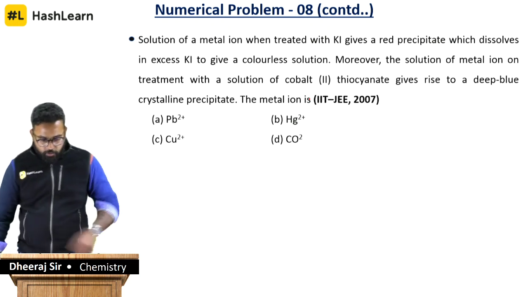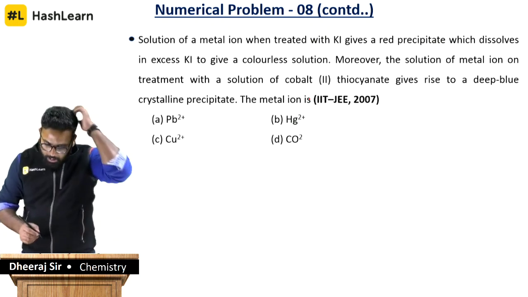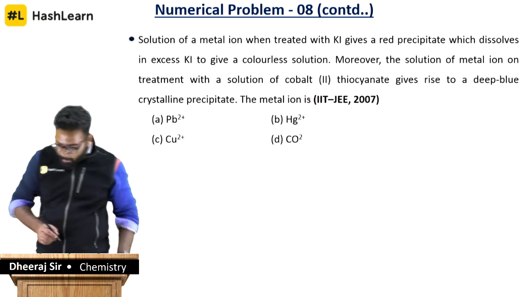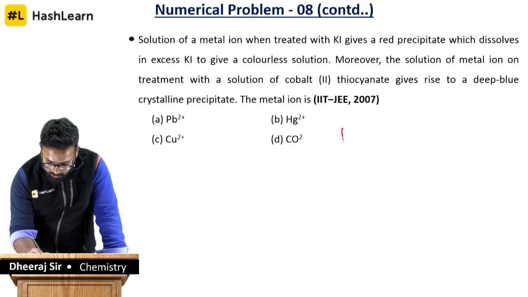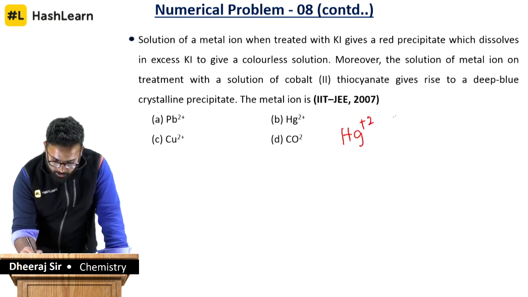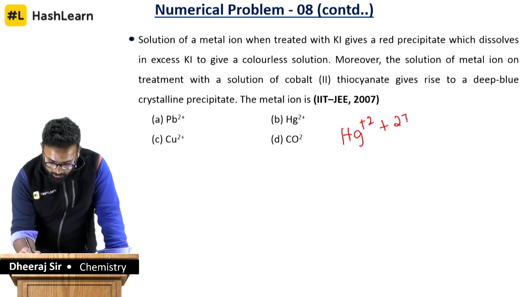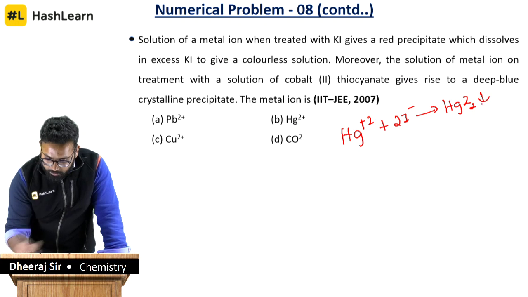So you have a solution of a metal ion with KI which gives a red precipitate. So I'll write the reaction for it, guys. It's Hg2+ when reacting with 2I- gives HgI2. This is a precipitate.